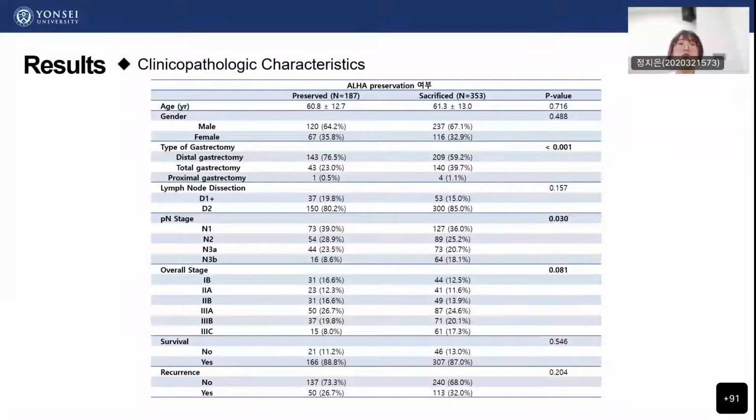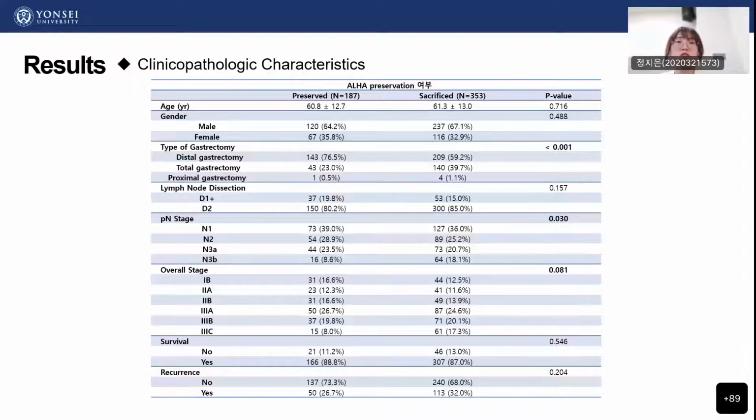Here are the results. 540 patients were included. Aberrant left hepatic artery was preserved in 187 patients and sacrificed in 353 patients. Significant differences were seen between the two groups in terms of age, gender, and lymph node dissection range.